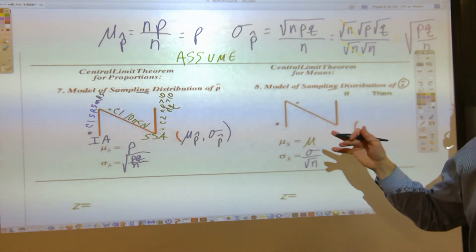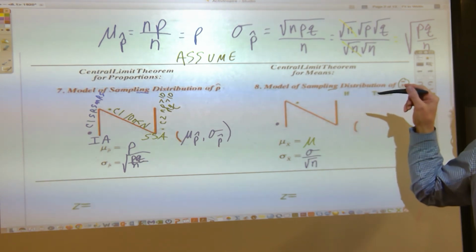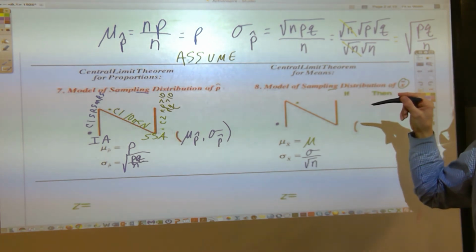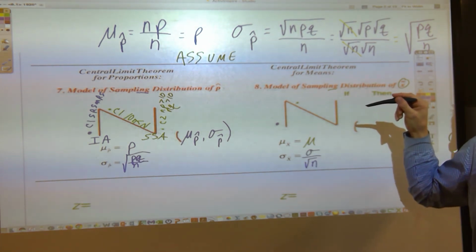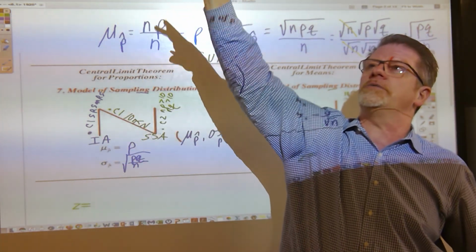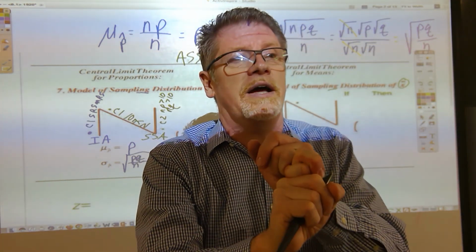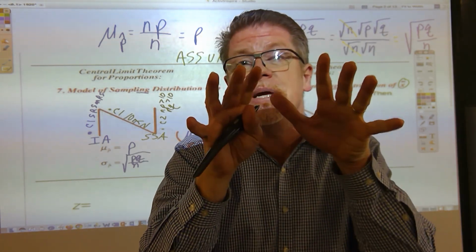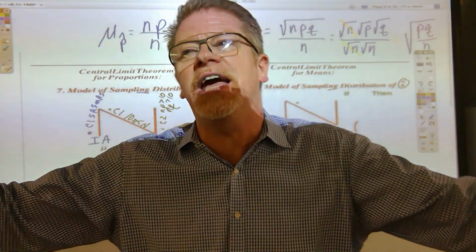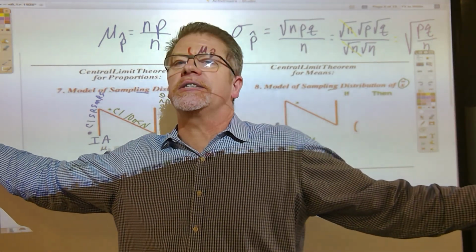The underlying distribution could be trimodal, or it could be just tall on one side, but the shape of the sampling distribution of sample means will become more and more normal, even if the underlying population is as non-normal as possible. It's so counterintuitive. But you just can't do statistics without that.